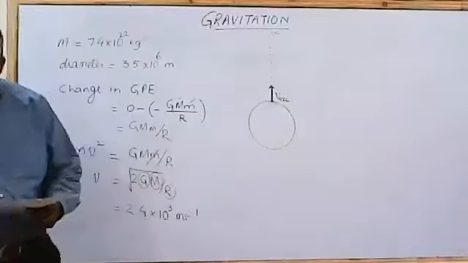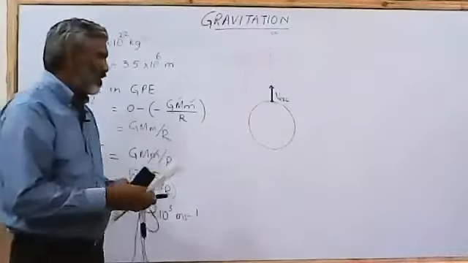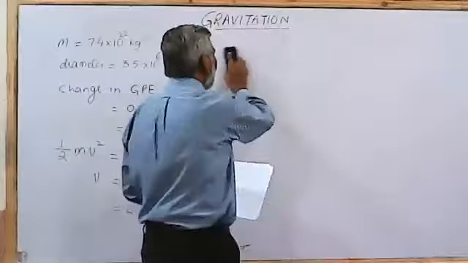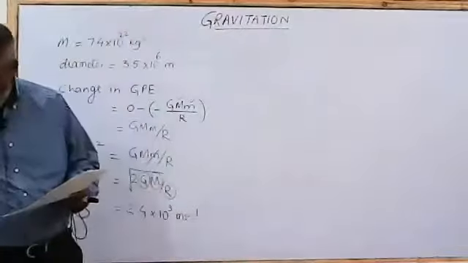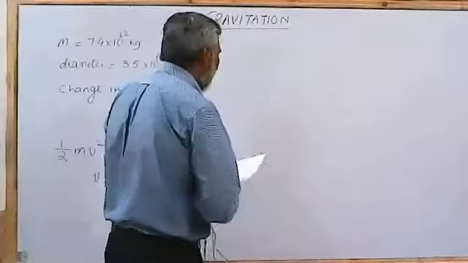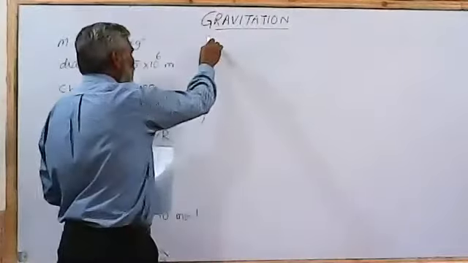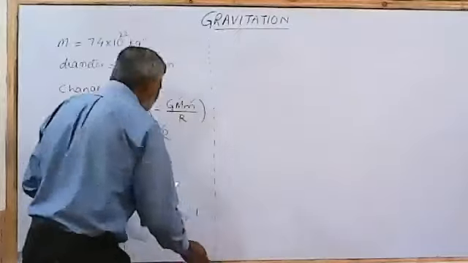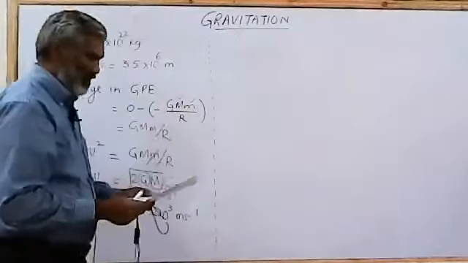Let's see another such question that is not about the escape speed, but this is also a certain speed acquired by an object when it falls freely towards the Earth. At a certain distance, the speed it has already acquired can be calculated using similar ideas.